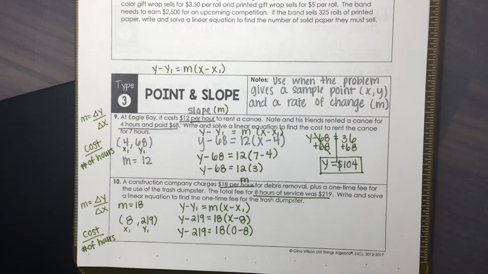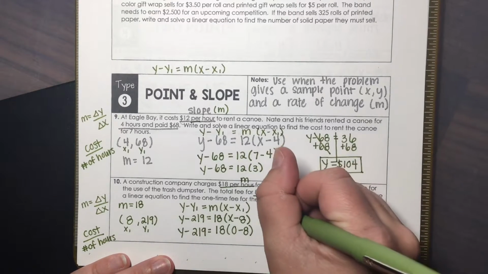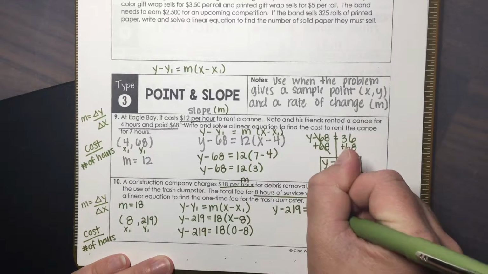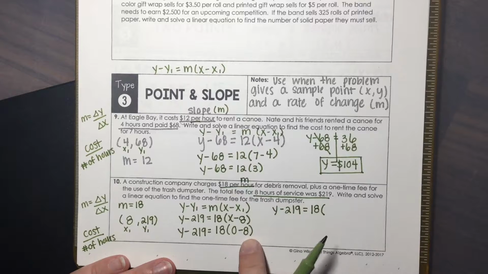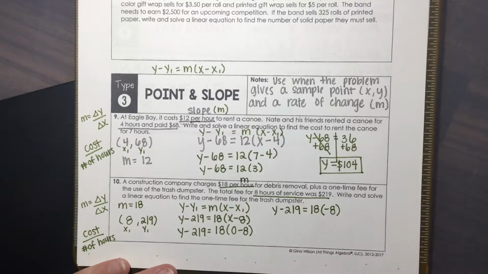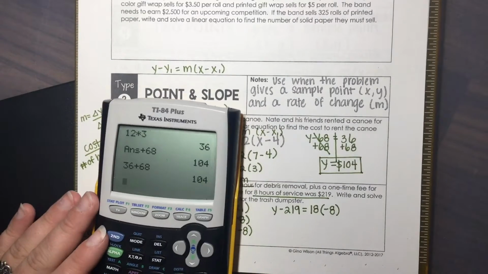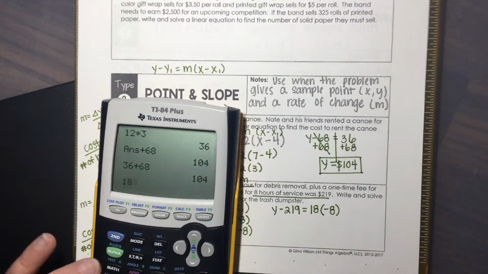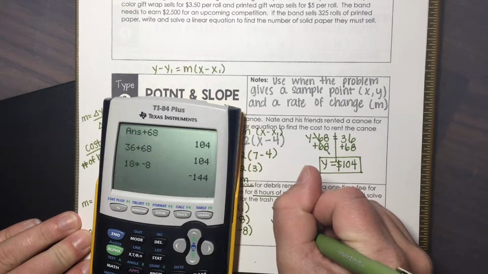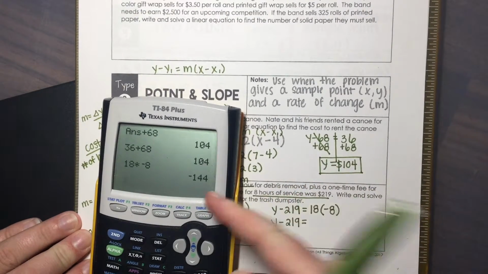I've got to continue to break this down. I get y minus 219 equals 18 times 0 minus 8, which is negative 8. Now I have 18 times negative 8, so I end up getting y minus 219 equals negative 144.